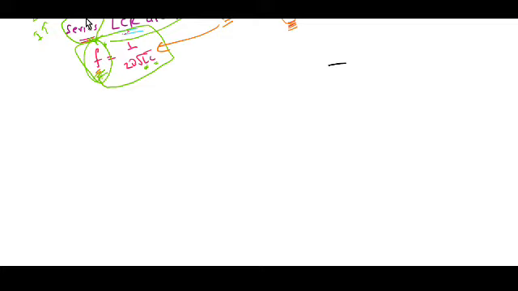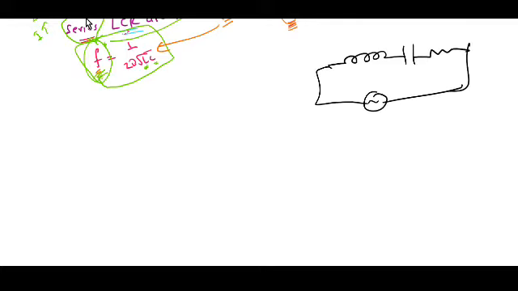In your LCR circuit, the applied voltage is E0 sin omega t. This omega is nothing but 2 pi f. By varying the frequency of this applied voltage, you can also obtain a resonance condition. That is, you can see a maximum value of current flowing through this LCR circuit.